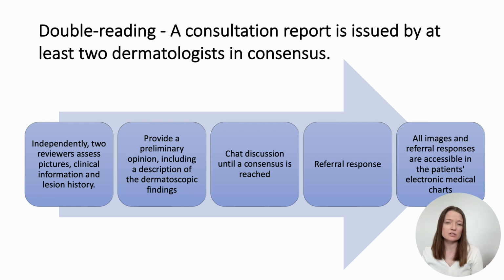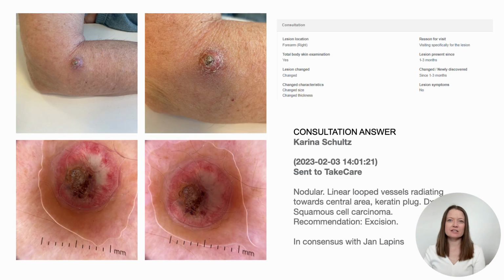Finally, a joint referral response is communicated to the referring physicians. All images and referral responses are accessible in the patient's electronic medical charts. Here is another example of a referral for a non-pigmented lesion.